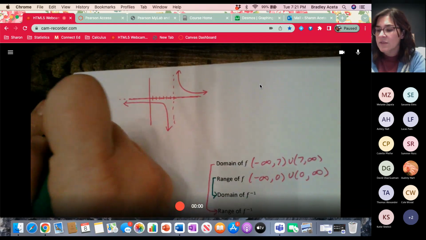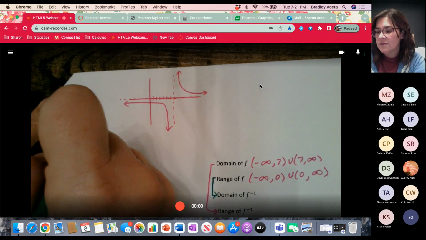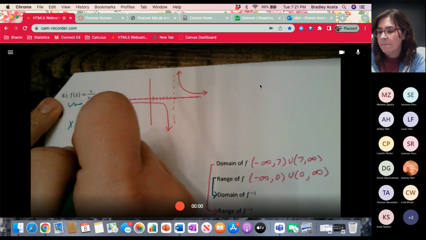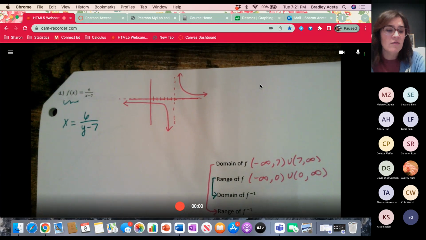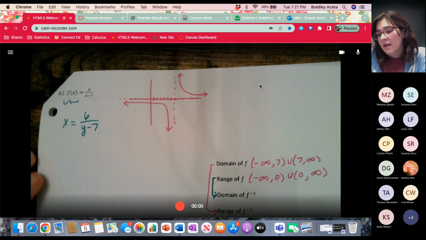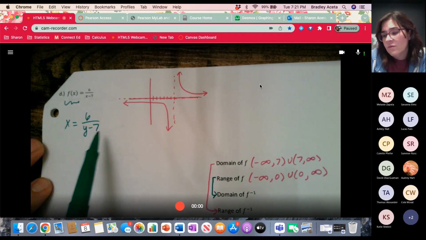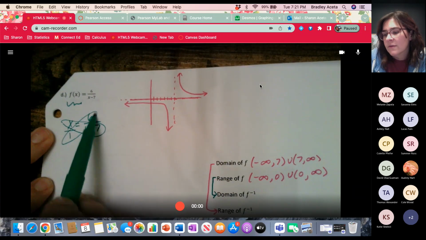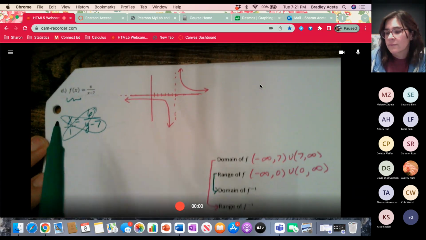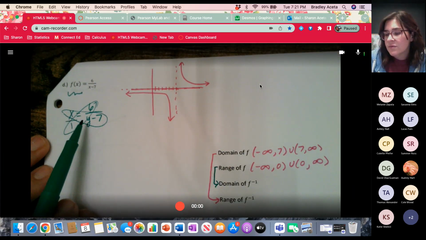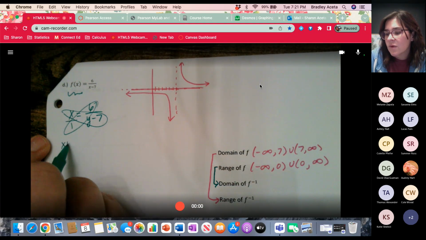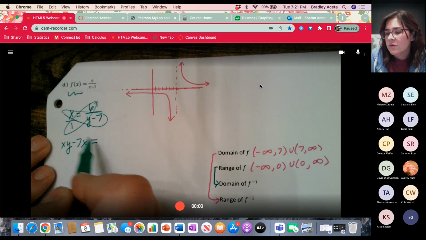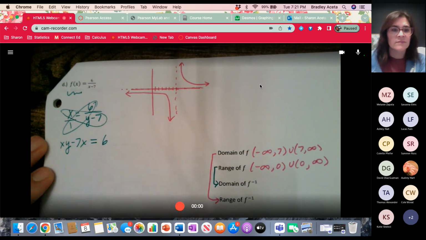So once again, I'm going to call this x. I'm going to call the x value that I see y, and I'm going to solve for y. The quickest way that I do any fraction is I put this over 1 and I crisscross like that. So x times y minus 7 would be xy minus 7x equals 6 times 1 is 6.